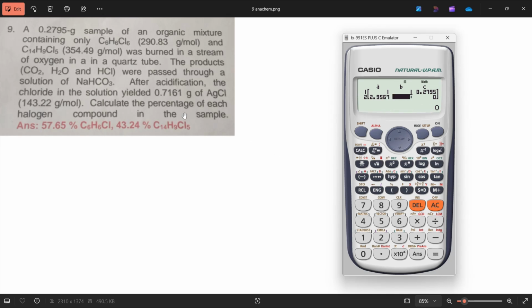And then the same story goes for this one as well. So AgCl, which is 143.32, times 5 chlorides, because this organic compound here has 5 chlorides. We have 1, so we need to balance that. Divided by the molar mass, which is 354.49.